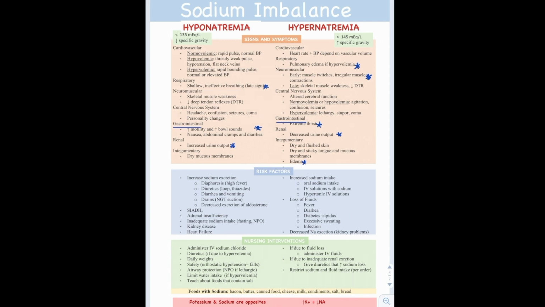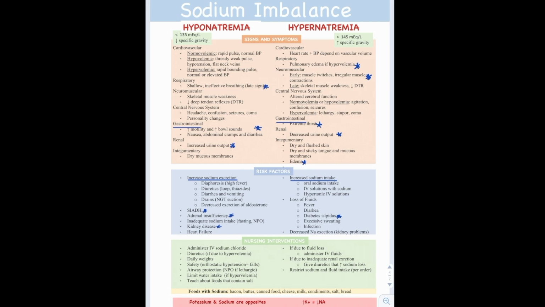So important things to know is for diabetes insipidus, you're going to see the hypernatremia, and for SIADH, you'll see the hyponatremia, as well as adrenal insufficiency and kidney disease. And also knowing increased sodium intake is going to give you hypernatremia, which would make sense because it's too high. And increased sodium excretion is going to give you hyponatremia because it's too low.